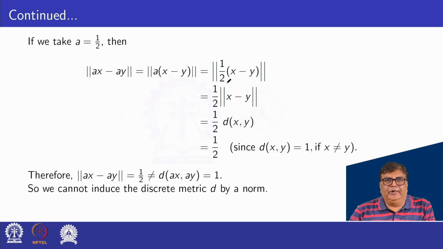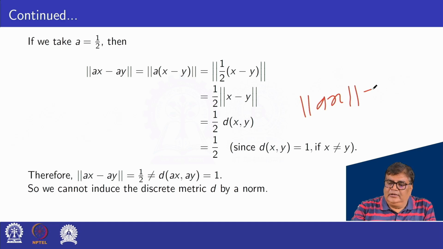Then by the property norm ax equal to mod a norm x, and since mod a half is positive, we can write half norm x minus y, that is half d(x, y). Since d(x, y) is equal to 1 if x is not equal to y, norm ax minus ay is equal to half.